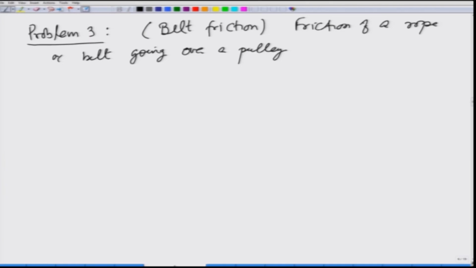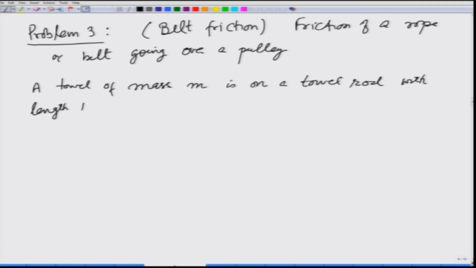So, the problem is this: a towel of mass m is on a towel rod with length L1 on one side and L2 on the other.